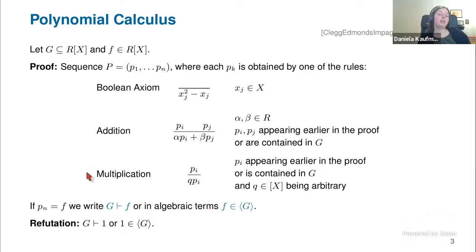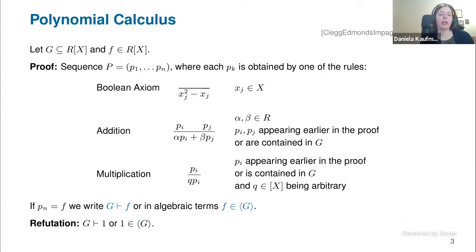And these addition and multiplication rules actually mirror the properties of the ideal which we had previously, so that the ideal is closed under addition or by multiplication by any other polynomial.